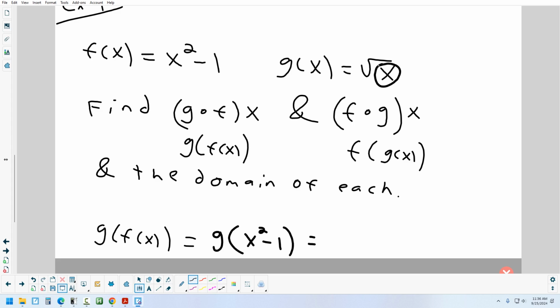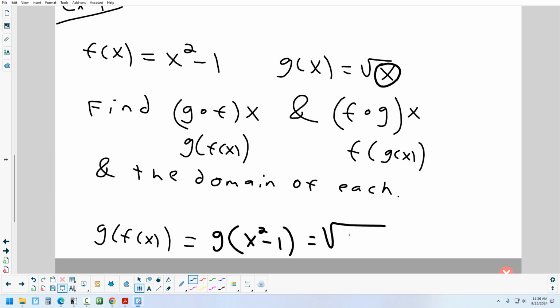What are we filling in for that? X squared minus 1. So what would you have when you write that whole thing down? Square root of x squared minus 1. Exactly, the square root of x squared minus 1.